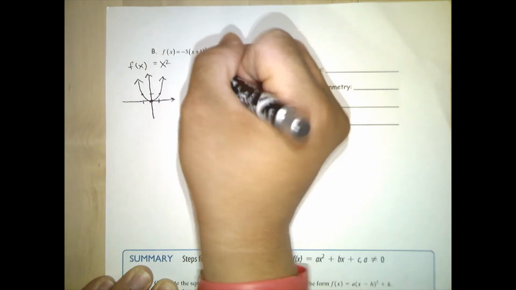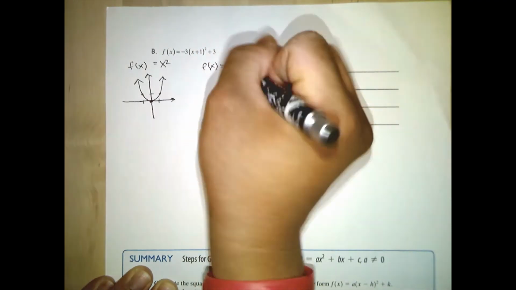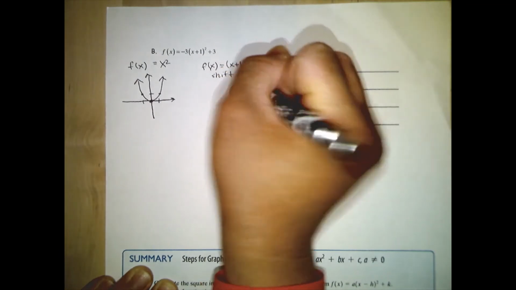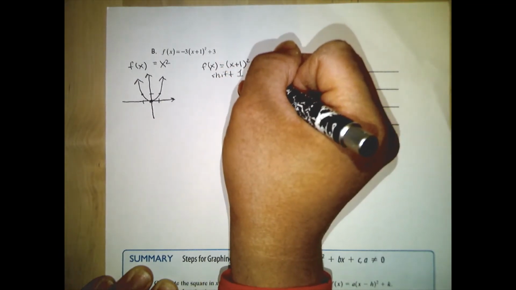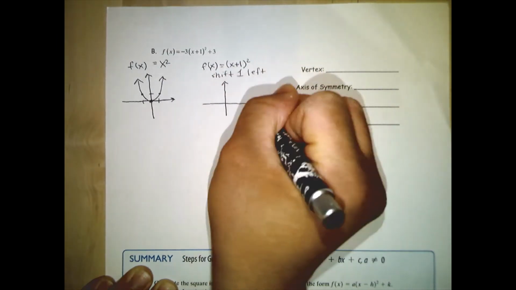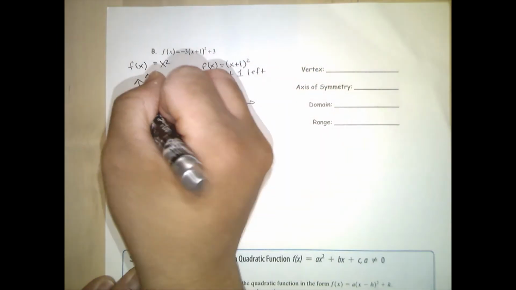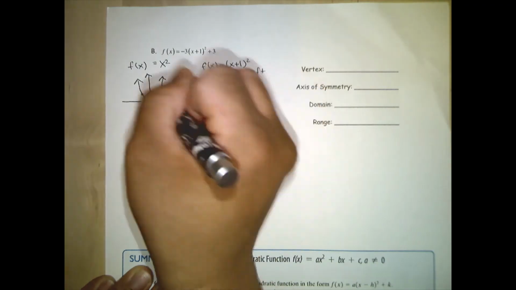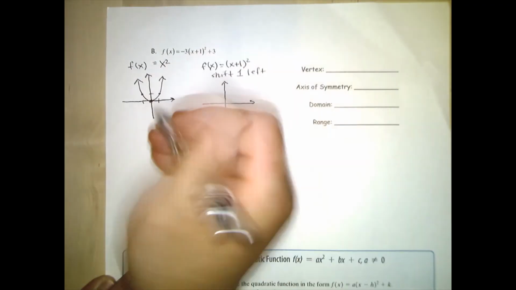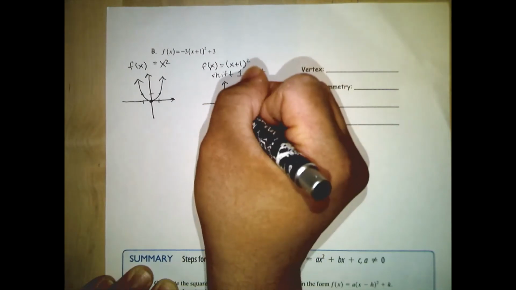And let's graph then f of x equals x plus 1 squared. This is a shift 1 unit to the left. All right, so left 1 unit. So the 1, 1 becomes, to the left 1, 0, 1.